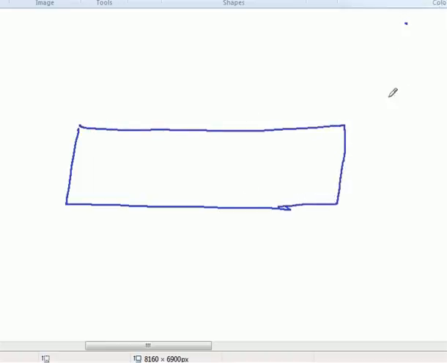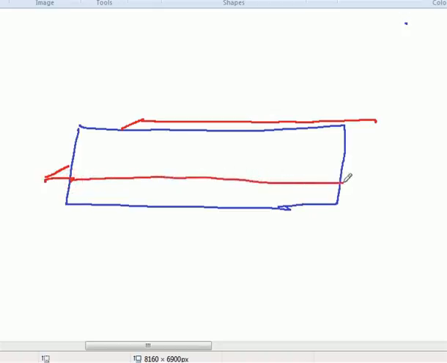We have plane P2. This is the line of intersection of P1 and P2, AB.